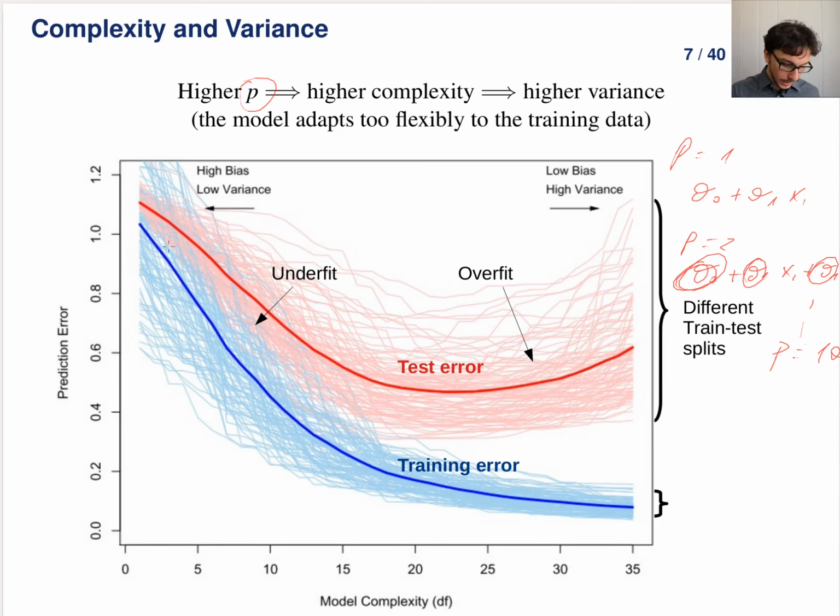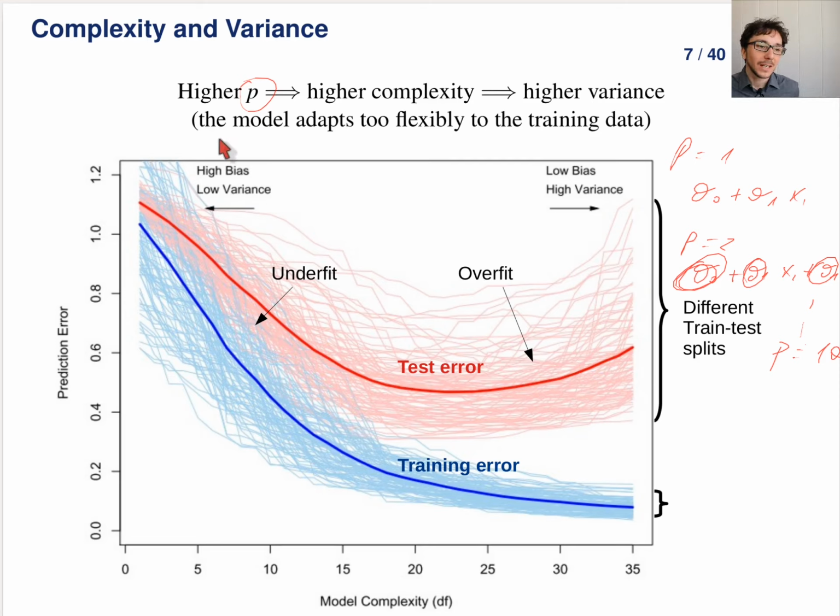And we also observe that the more the p, the more the training error decreases, because again our line is able to adapt to each and any training point, training sample.